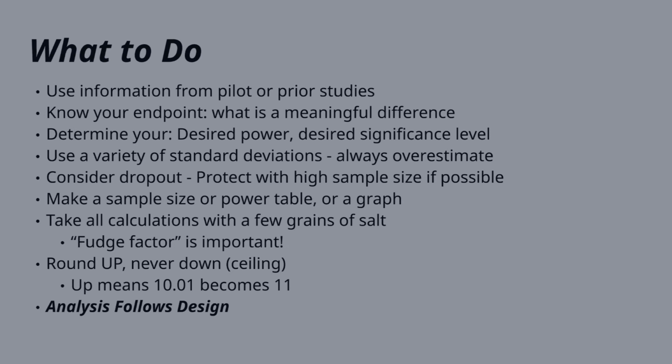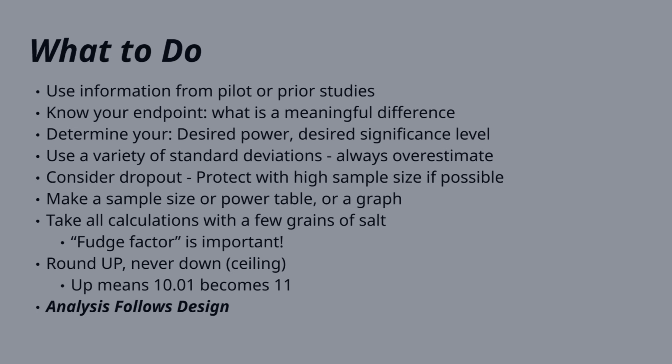It is the single largest killer of a study. If you estimate a standard deviation of 1 and you see a standard deviation of 2, you will be underpowered. Consider dropout, so protect with a higher sample size if possible. Again, that's why you'll see trials powered at 90%, so that when they lose participants, when they lose people, you don't have to fall below 80%.